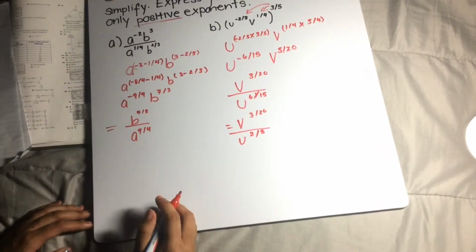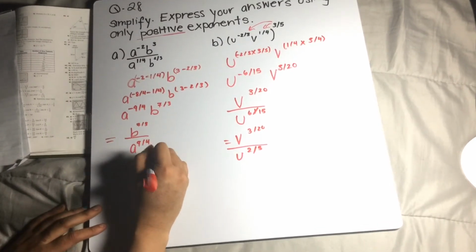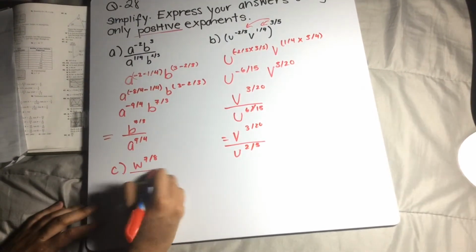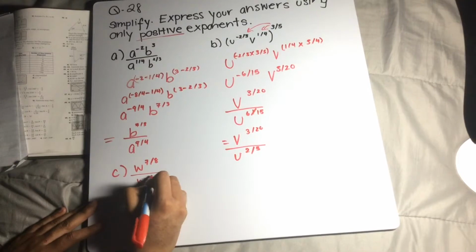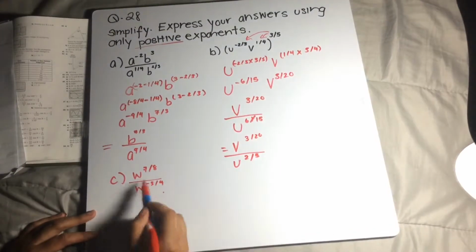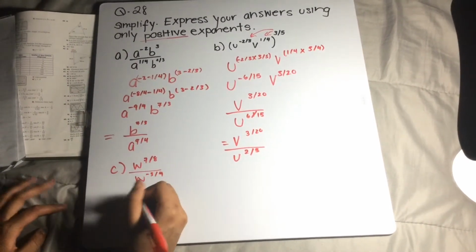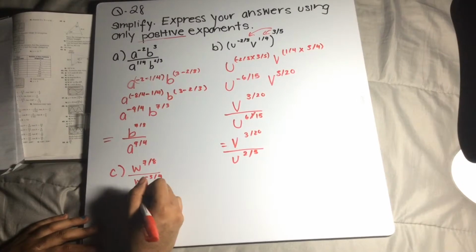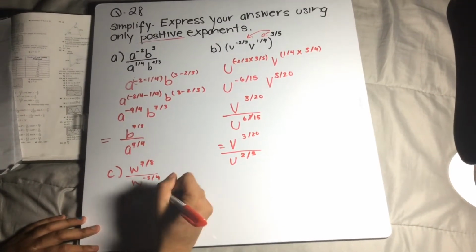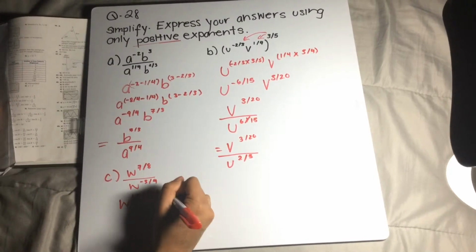Now part C, there is one more question, and it's w to 7/8 over w to -3/4. This is very similar to what we did earlier, and we're dividing again, so just subtract the exponents. You'll have w to 7/8, which is what you have on the top, minus the exponent of the bottom, which is negative, minus -3/4.